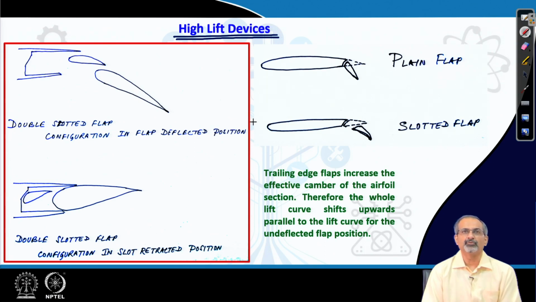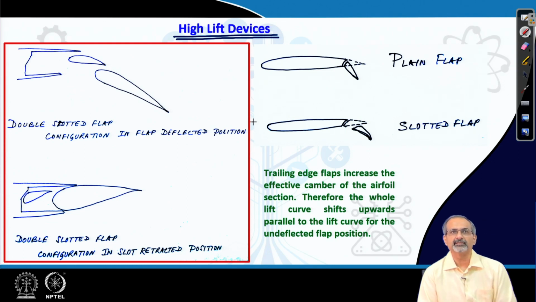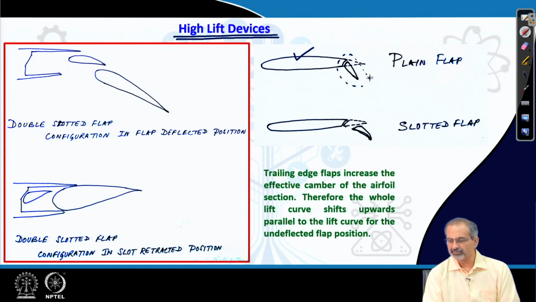next, and we have a few sketches of typical high lift configurations. So, in the trailing part of the airfoil, you find that there is a control surface which has been deflected, which is called a plain flap. So, these are basically trailing edge flaps which increase the effective camber of the airfoil section.